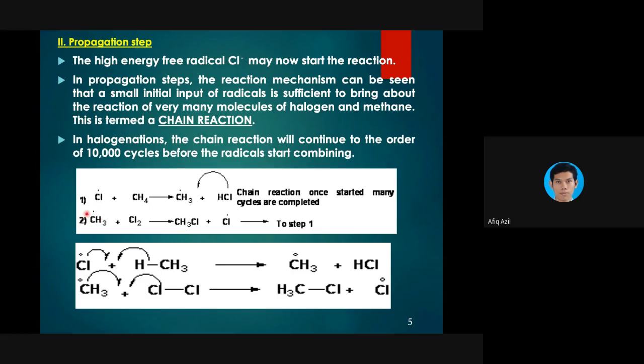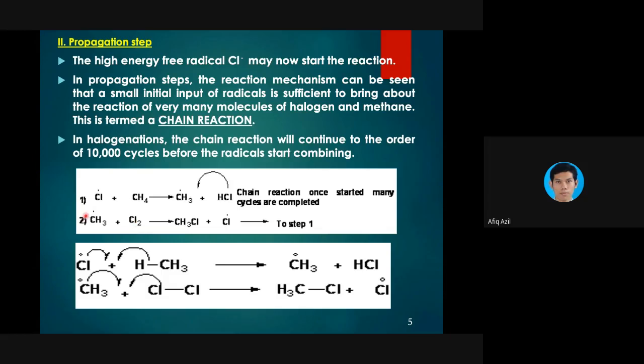Then once you have this CH3, the carbon free radical, it reacts with another chlorine molecule, Cl2. Because when you do a reaction, there will not be just one CH4 and one Cl2. You are going to put maybe 1 mole of each reactant, for example, and inside that 1 mole, there will be many molecules.